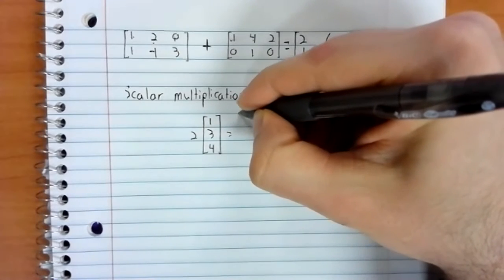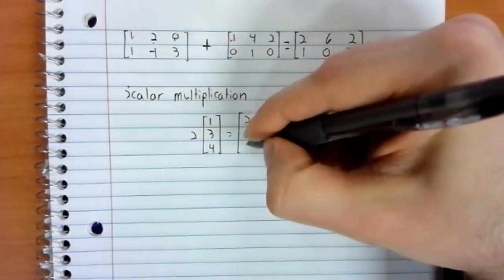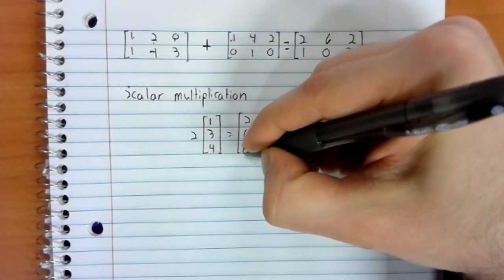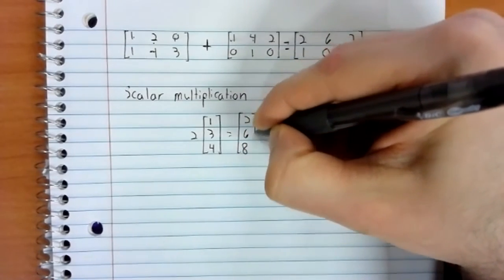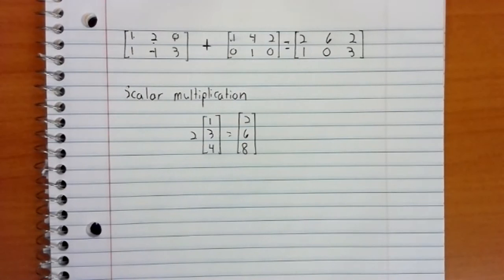To do this, we simply multiply each number in the matrix by the scalar.